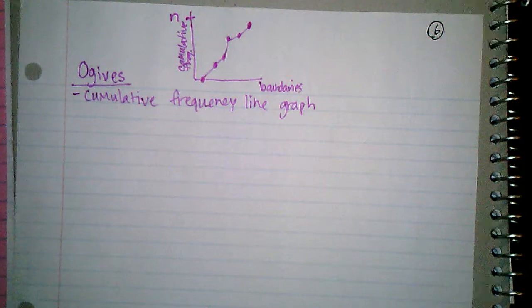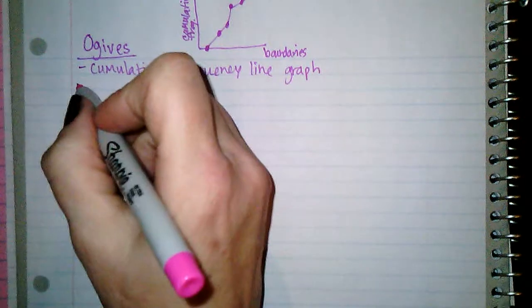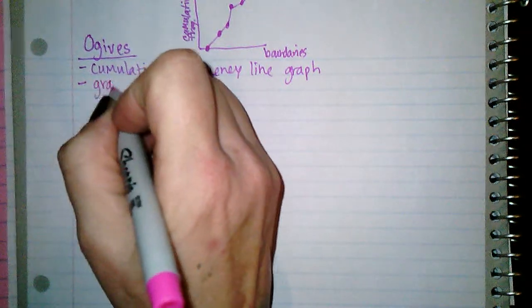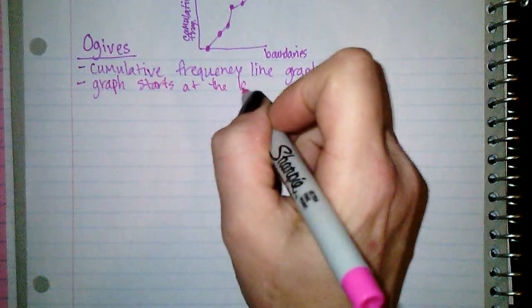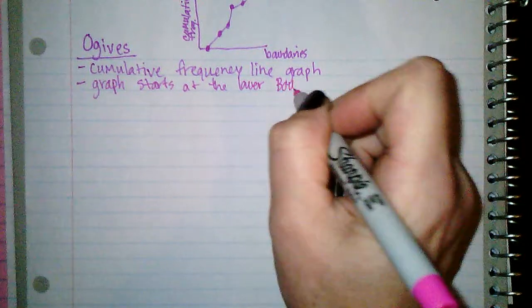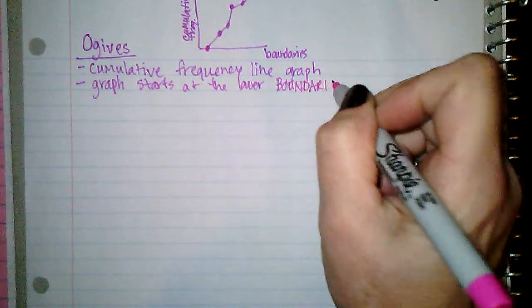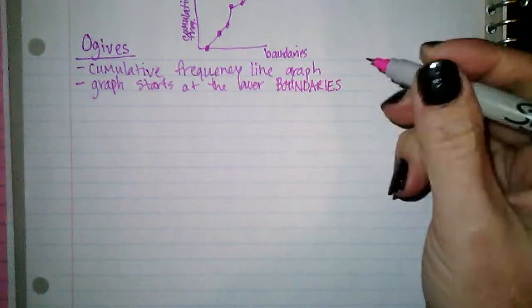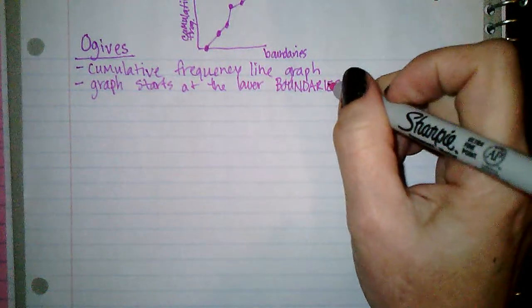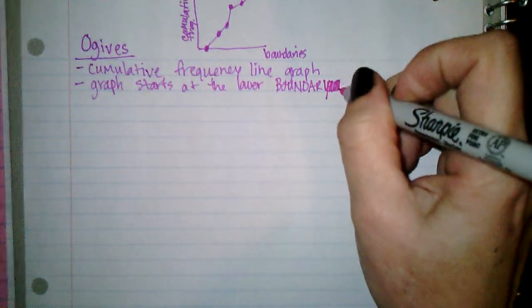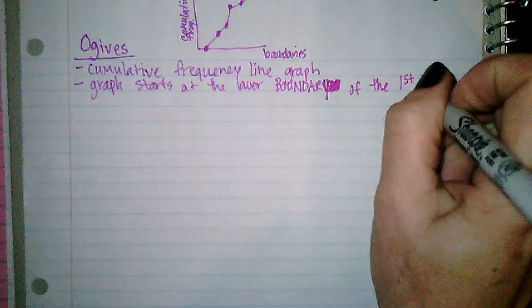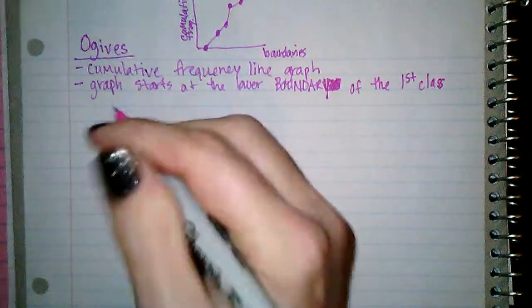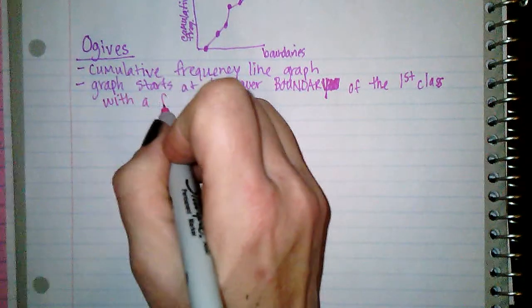So that's what an ogive looks like. It's always going up and it never goes back down. So, cumulative frequency line graph. The graph starts at the lower boundary. Remember, those boundaries are the ones that go 1 decimal place further than the data and always end in 5. At the lower boundary of the first class with a frequency of 0.